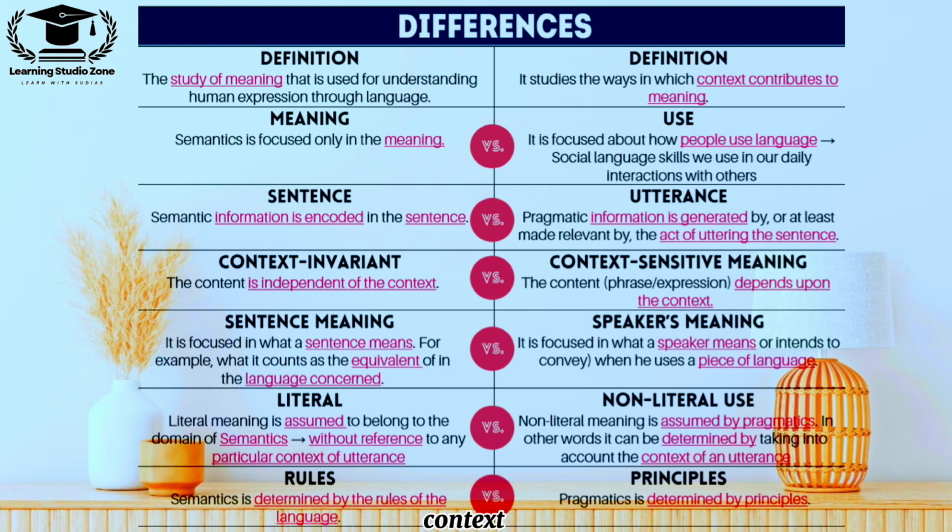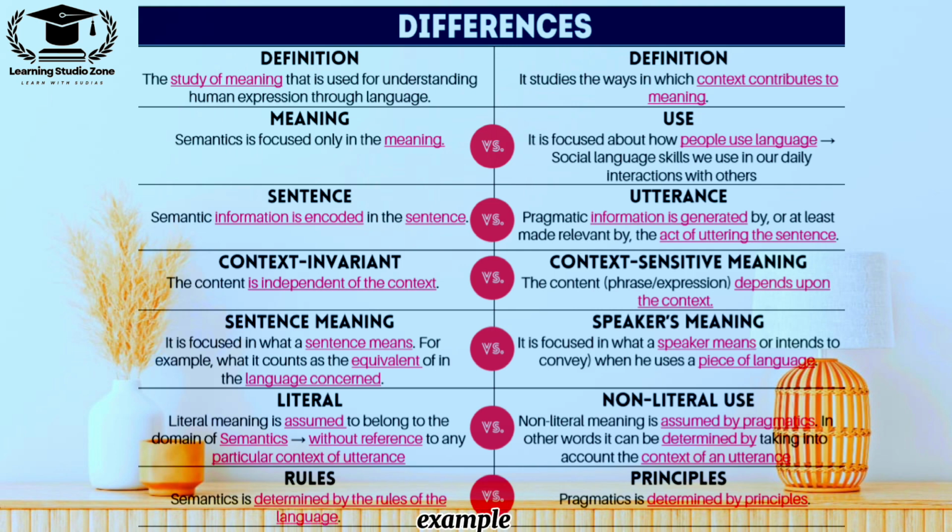The content is independent of the context in semantics, while in pragmatics, the meaning of phrases or expressions depends upon the context.